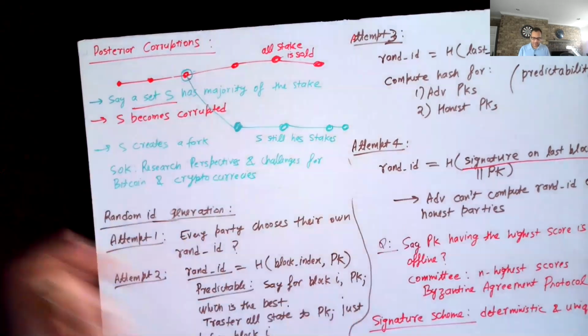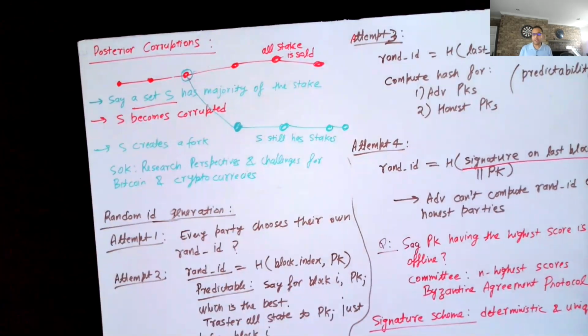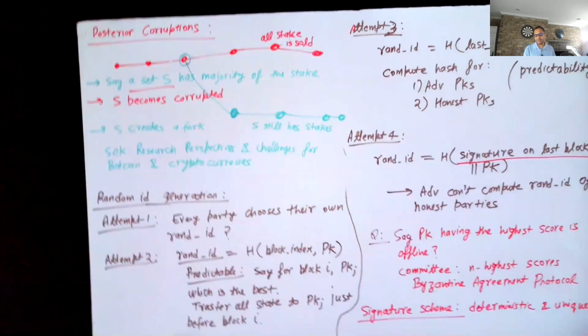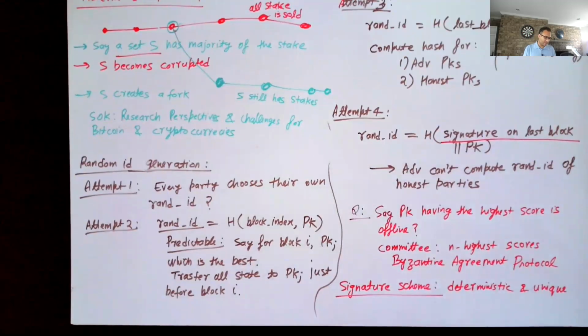This is sort of a survey of the area which focuses more on the ongoing research and open problems. What are the challenges? What are the unsolved problems, and so on.